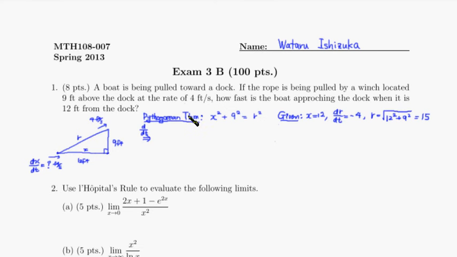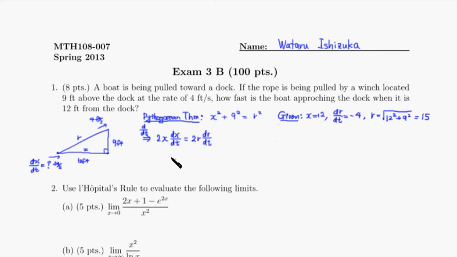The derivative of x squared would be 2x multiplied by dx over dt. The derivative of 9 squared is 0 since it's a constant, and it's equal to the derivative of r squared, which would be 2r times dr over dt, right?